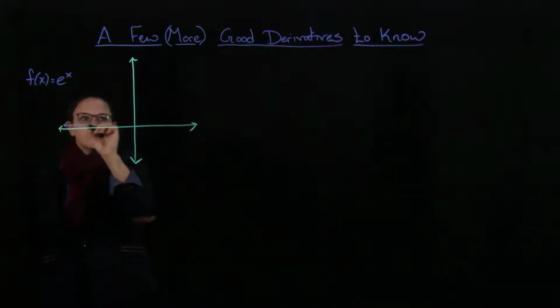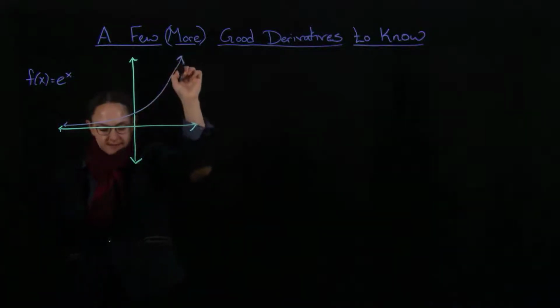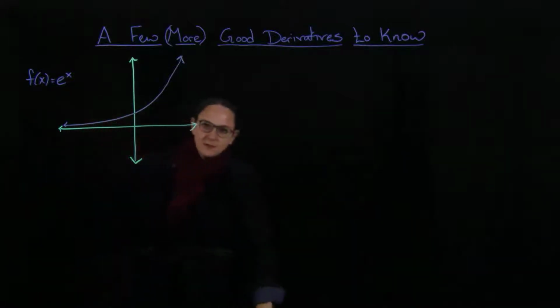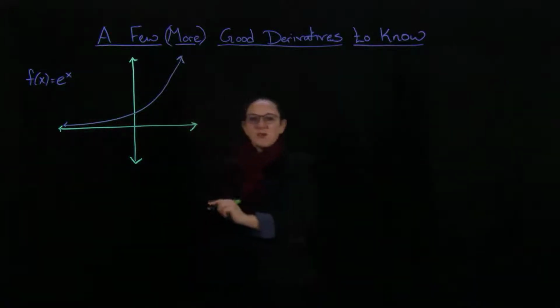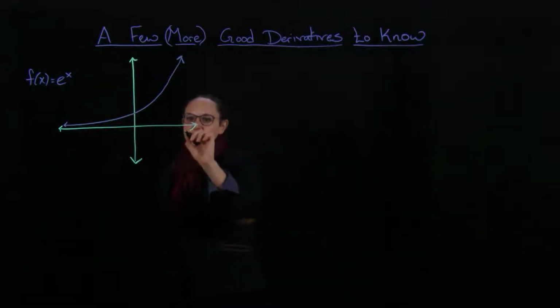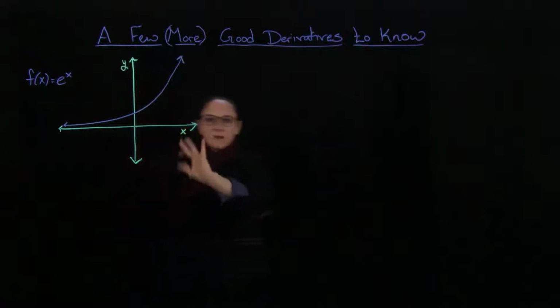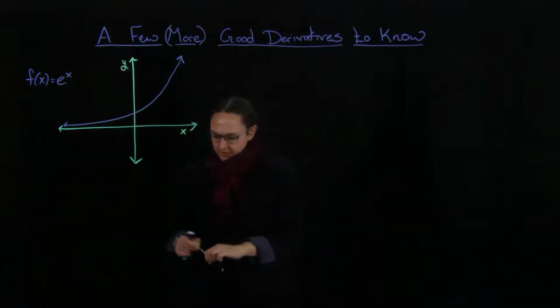And then it's going to go through 1 and then up really fast. This is exponential growth. If you're in business, this should be one of the most important functions for you to understand. You should understand how exponential growth works better than almost anything. Okay, so this is what the function looks like.